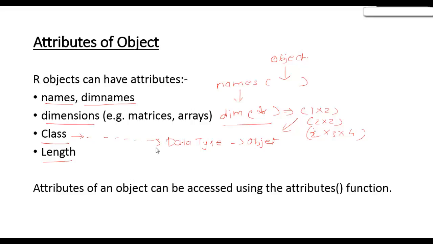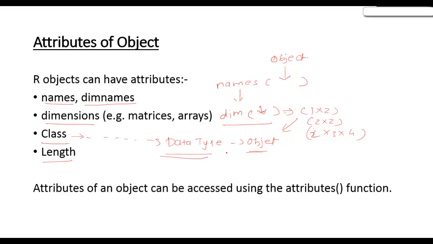This information is kind of matching the object oriented concept, but if you understand it that way, it's fine. It basically tells you which data type an object belongs to, the data types that we discussed on the previous slide.